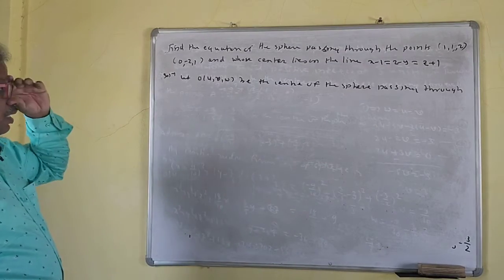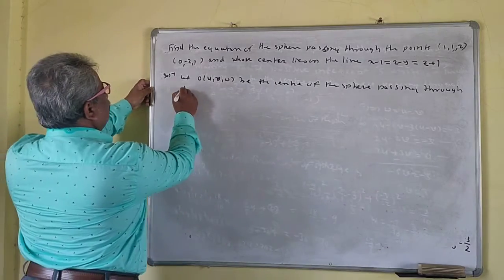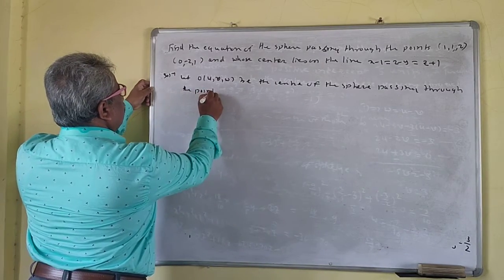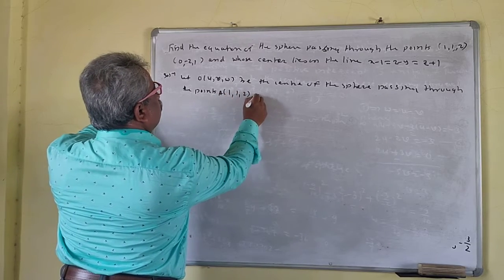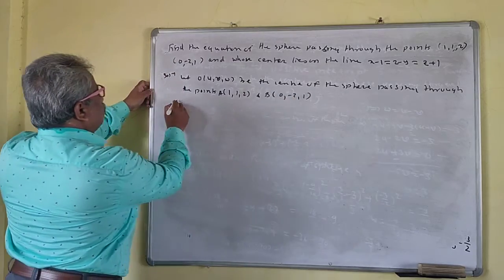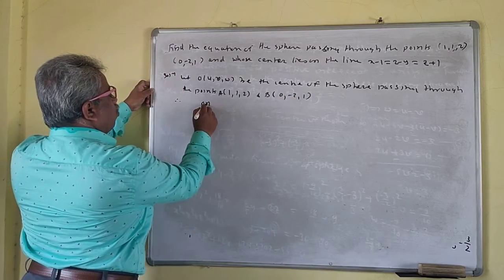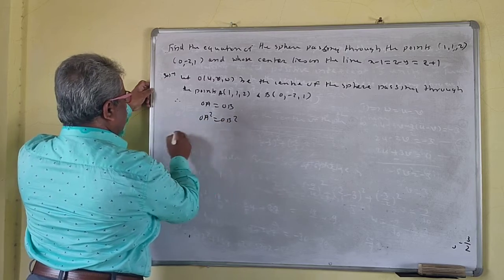Let (u, v, w) be the center O of the sphere passing through the points A (1, 1, 2) and B (0, -2, 1). Therefore OA is equal to OB, so OA square is equal to OB square.